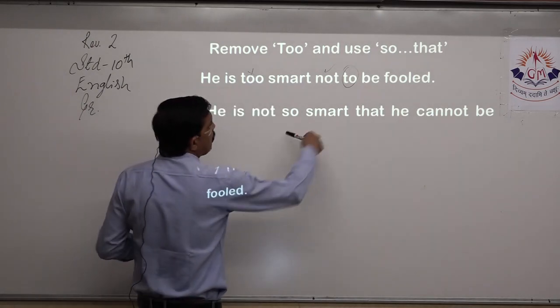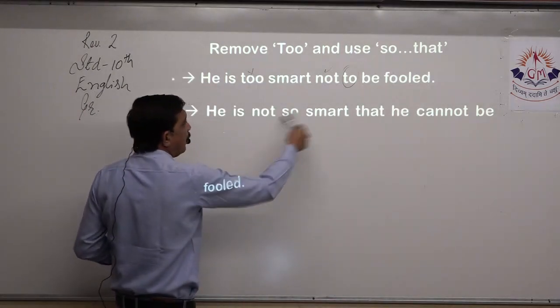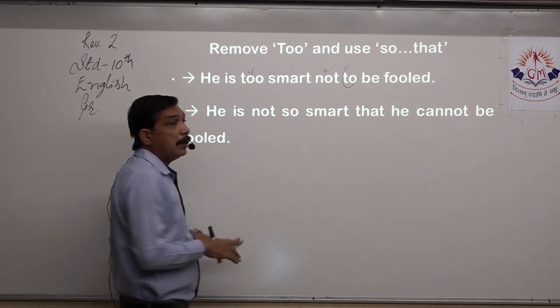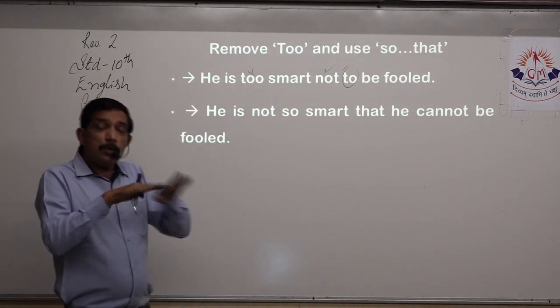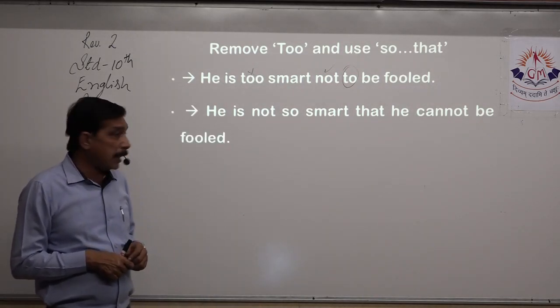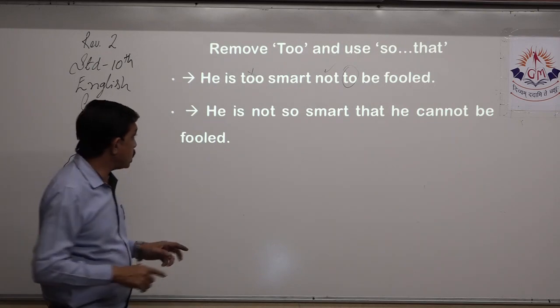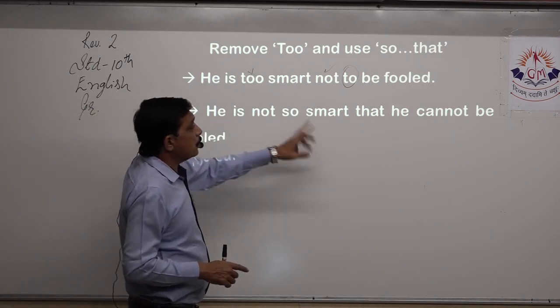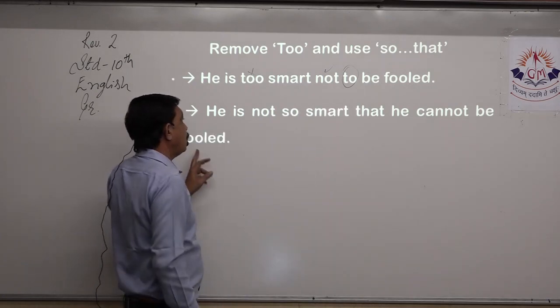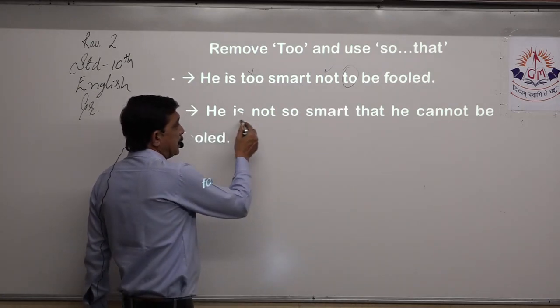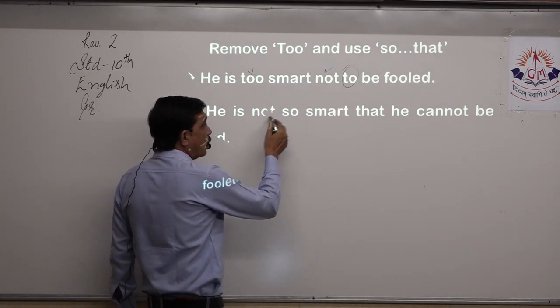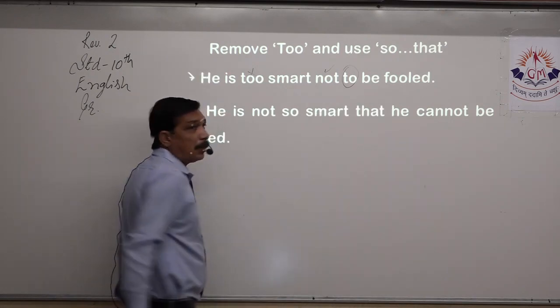Same thing. I can use it afterwards. He cannot, or I can. Now I am having two nots over here. That neutralizes the effect of negation. Two negations will make positive. He is not so smart that he cannot be fooled, or he is not so dumb that he can be fooled.